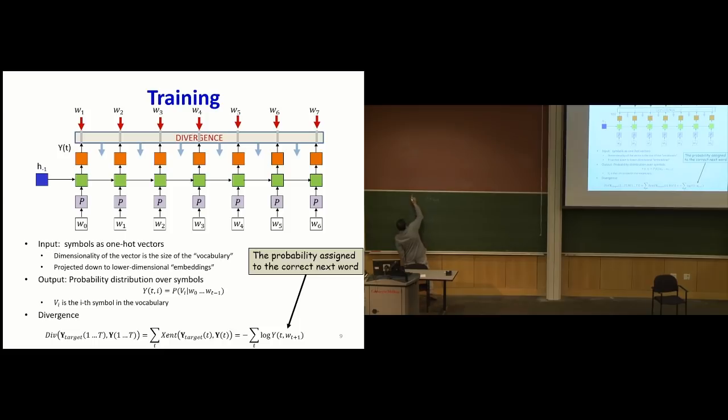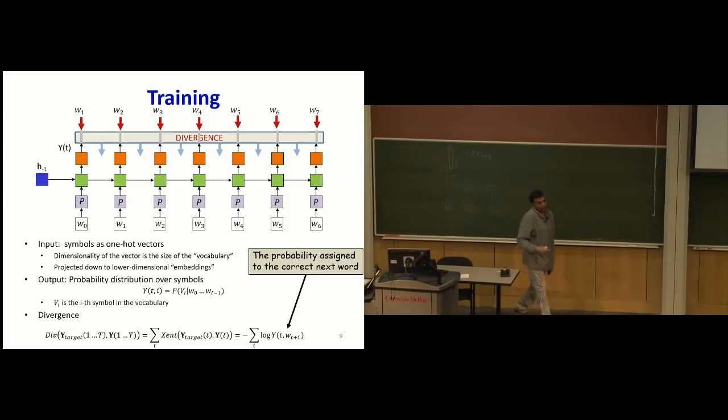Since only one of these symbols has a non-zero value in the target output, you're eventually left with just minus log of y target. So at each time, you have the negative log probability of the target word at that time, and the total divergence is the sum over all time of these.